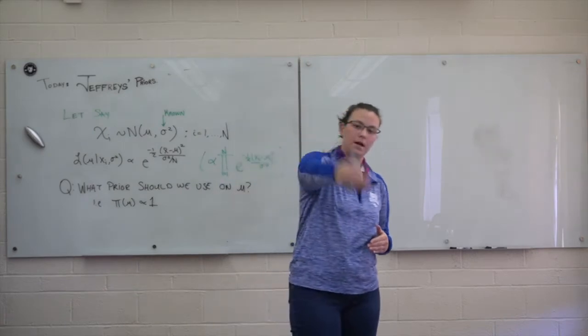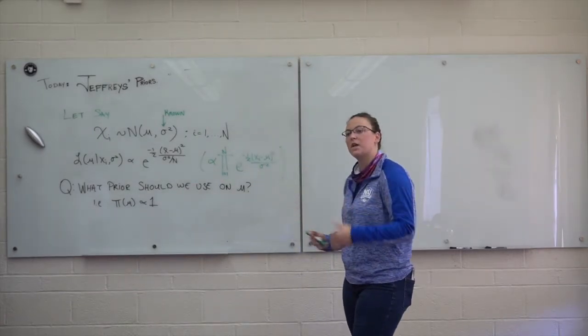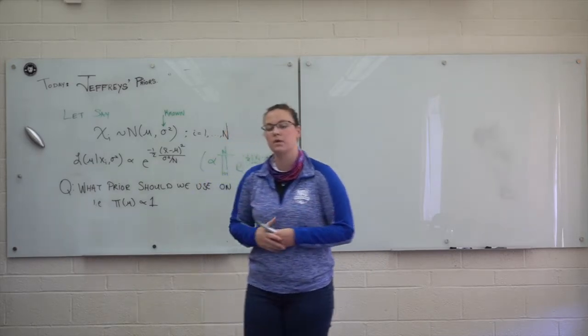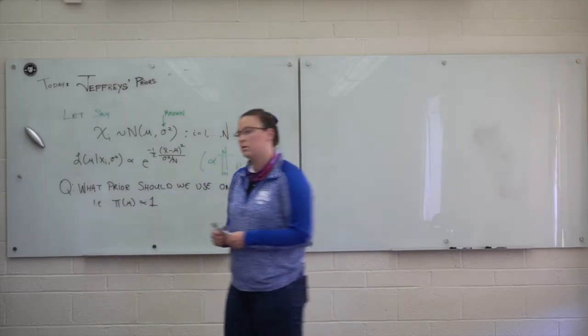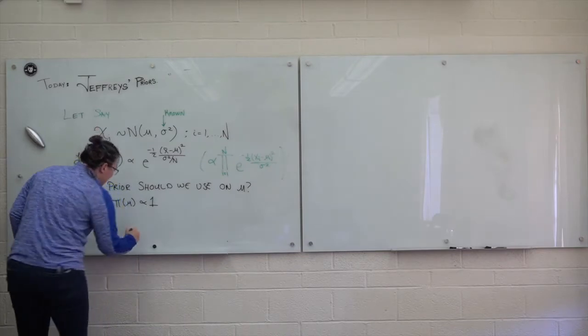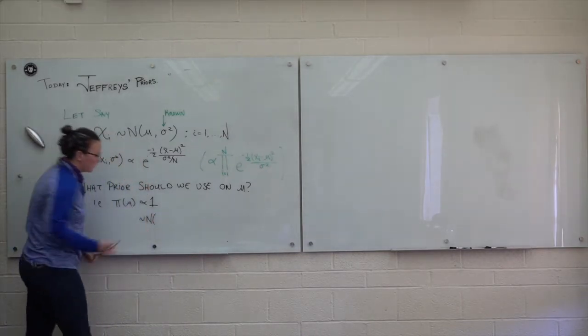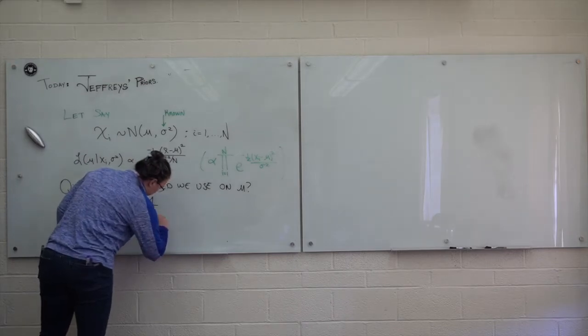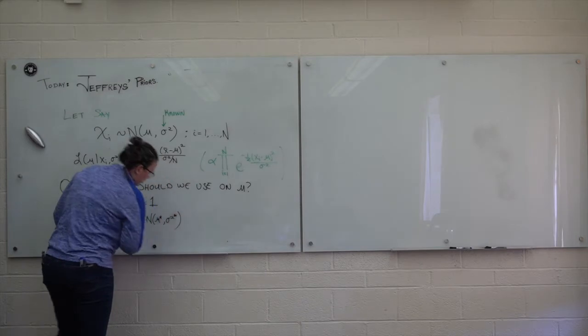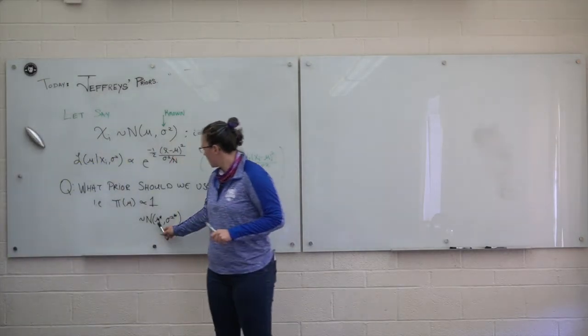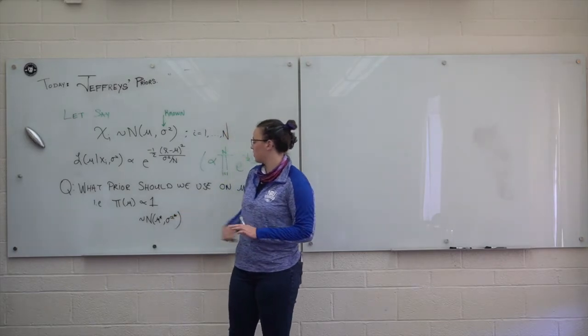Then I proposed, do we have any other options? Some other options that students could have come up with is a conjugate normal. We could have said maybe a normal, because we know conjugacy, with mu star and sigma squared star. The question I would have posed to them is, how are we going to pick mu star and sigma squared star?